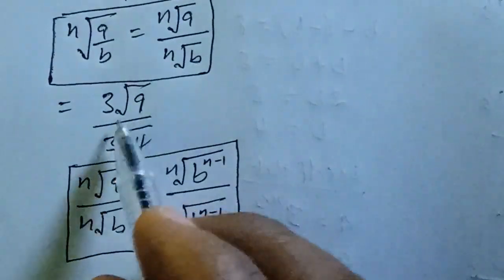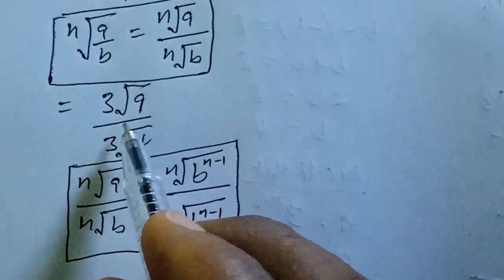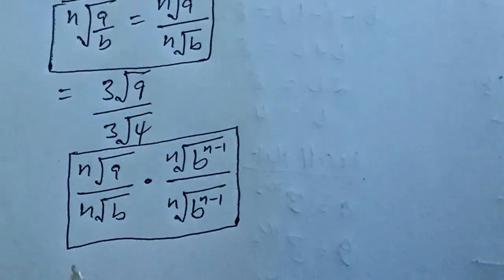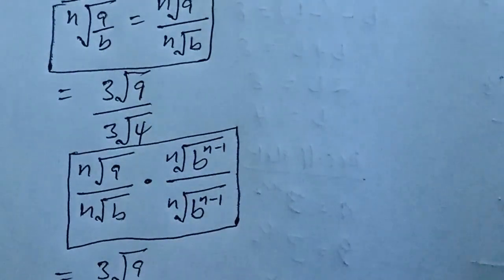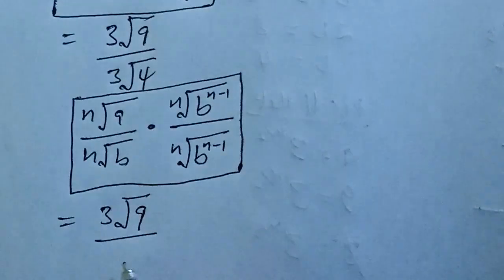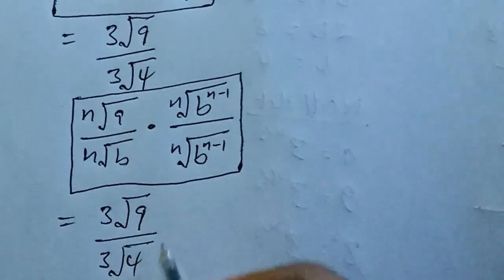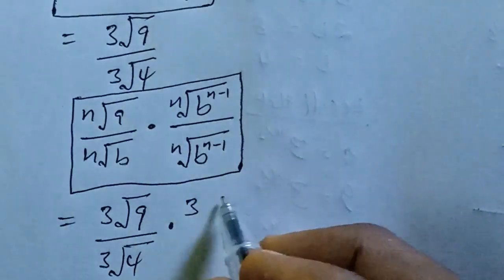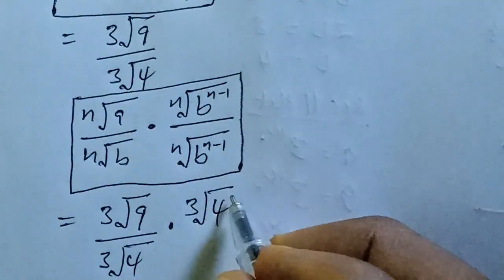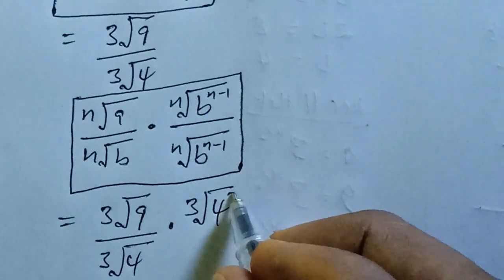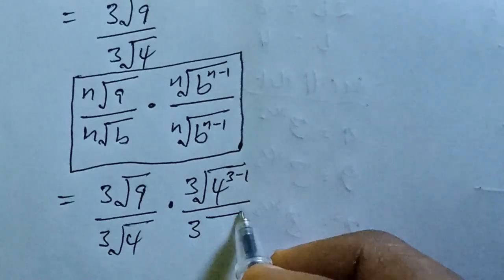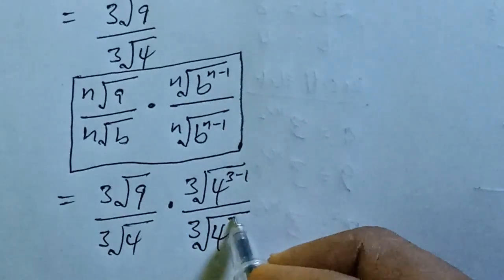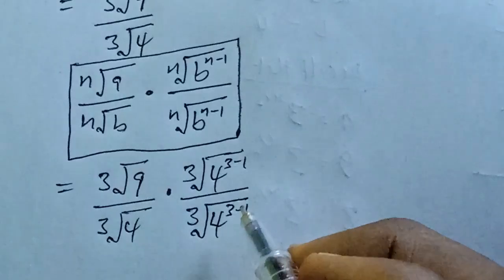So we put this radical into this form. That will be equal to the cube root of 9 over the cube root of 4 multiplied by the cube root of 4 raised to power 3 minus 1 over the cube root of 4 raised to power 3 minus 1.